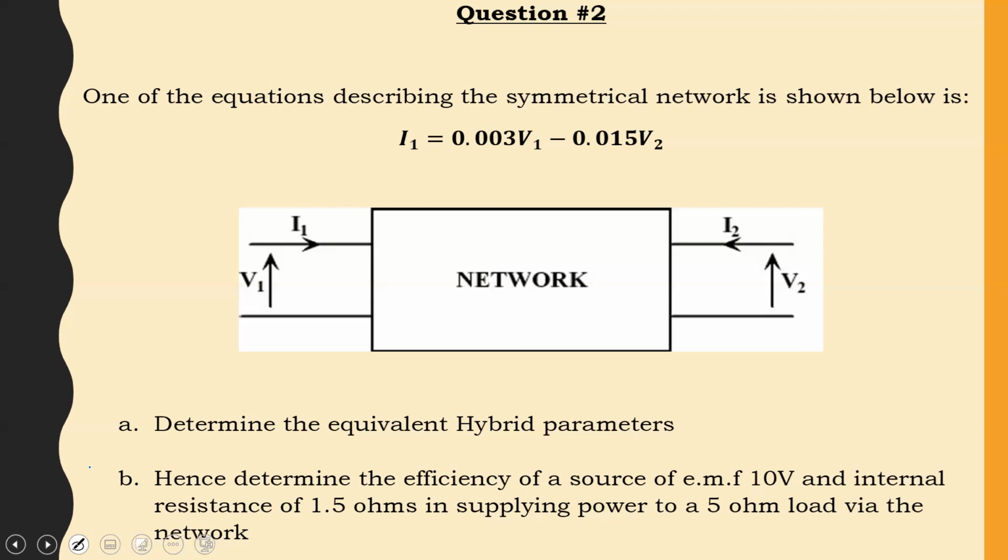All right. Remember that universally the equation says Y11 V1 plus Y12 V2. Agreed? Yes, sir, I agree. But if I end up having minus 0.015, what does that really mean?